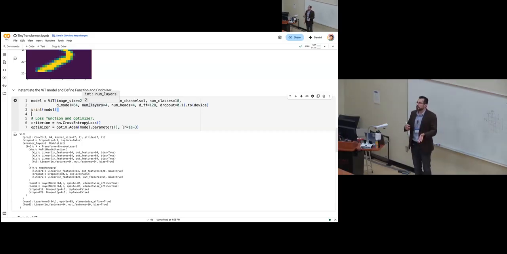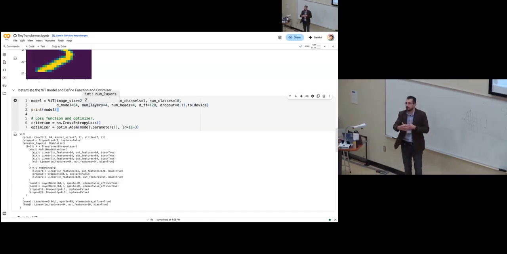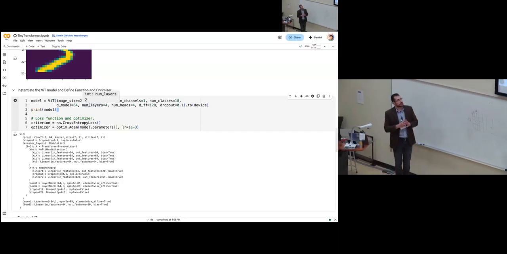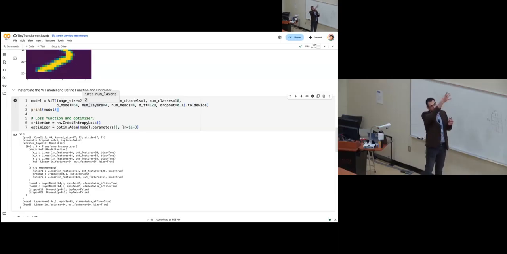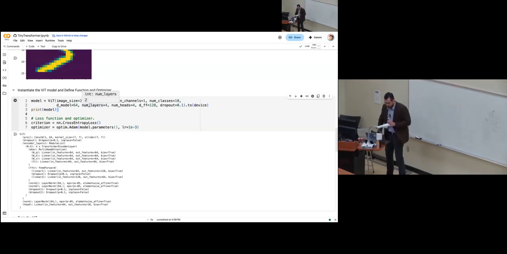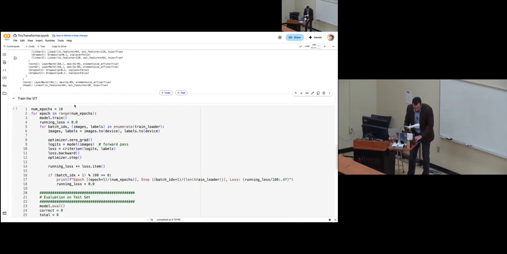Adam is just a variation of gradient descent. It has momentum added to the gradient descent, at a high level. But that's simply saying that I am going to use some sort of an accelerated gradient descent on the model parameters to minimize my loss function. And I do that. Okay, so now we need to do the actual training.